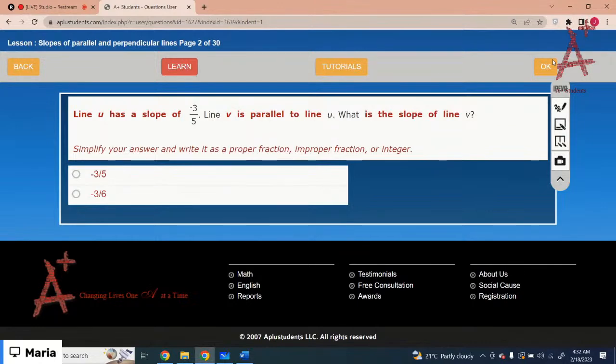Line V is parallel to line U. What is the slope of line V? You have to calculate the slope of line V. The slope of line V is exactly the same. That would be negative 3 over 5. Got it?